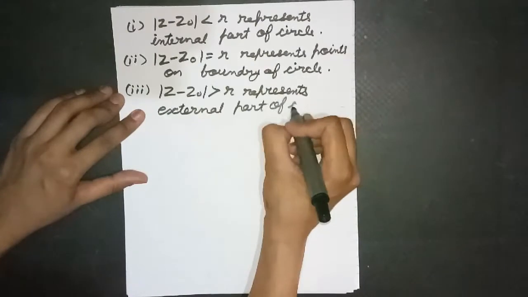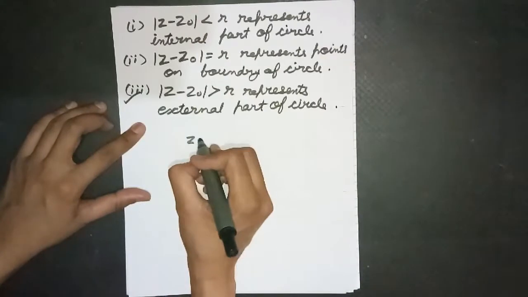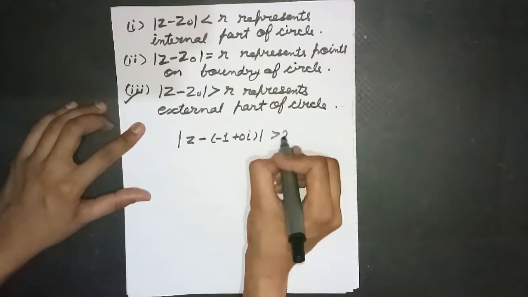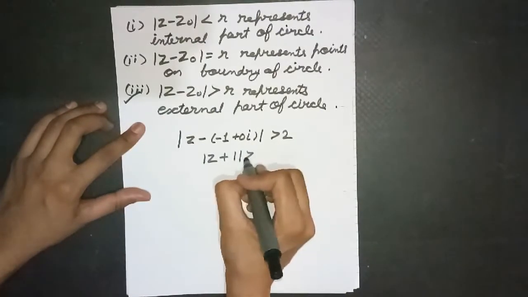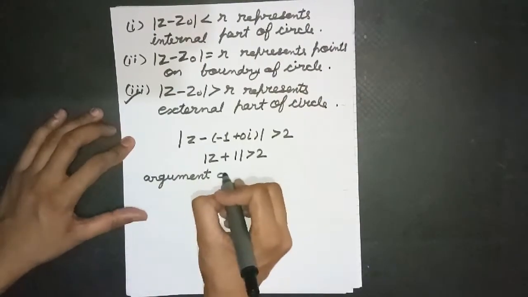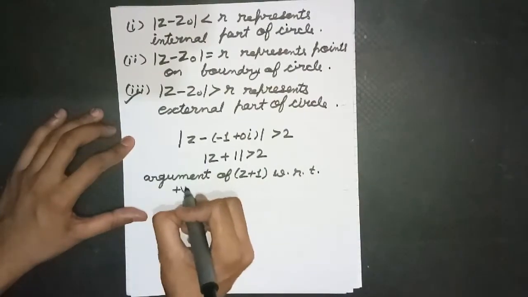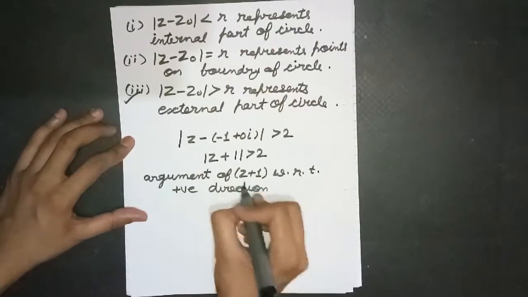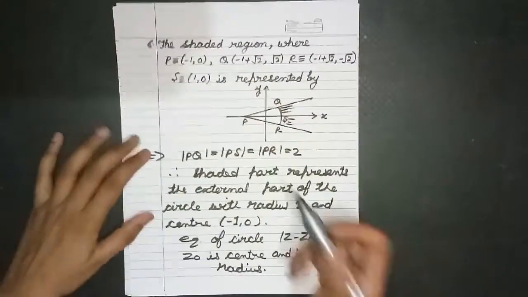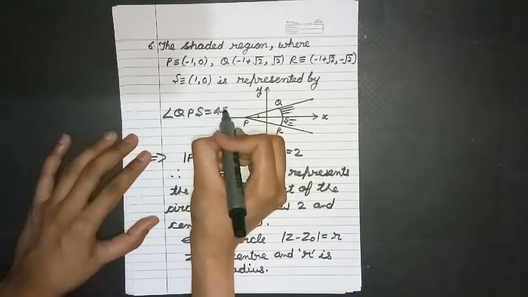Now in the question we are given the external part of the circle, which is the shaded part in the picture. So from here we will take modulus of z minus (minus 1 plus 0 iota) greater than 2. So this gives us that modulus of z plus 1 is greater than 2. Now the argument of z plus 1 with respect to the positive direction of x is pi by 4, right? Now from the picture angle QPS is equal to 45 degrees, that is equal to pi by 4.